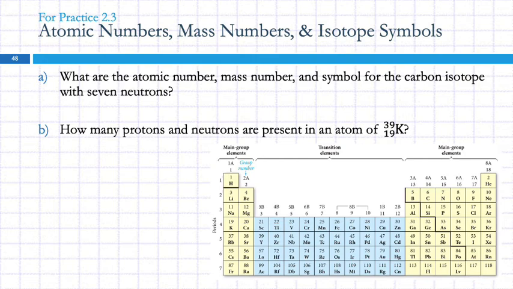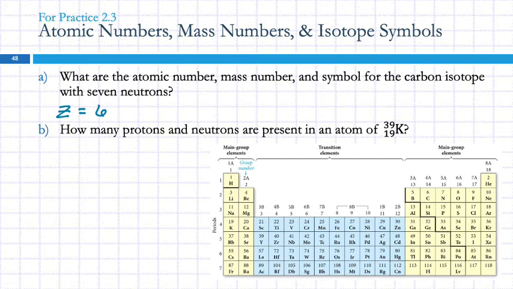So for carbon, how many protons does carbon have? 6. We'll just find it on the periodic table here, and it has 6. That says 6 protons. So instead of writing out atomic number, I'm going to use its symbol Z. So Z equals 6. There's 6 protons. What's the mass number for this particular isotope? 13.